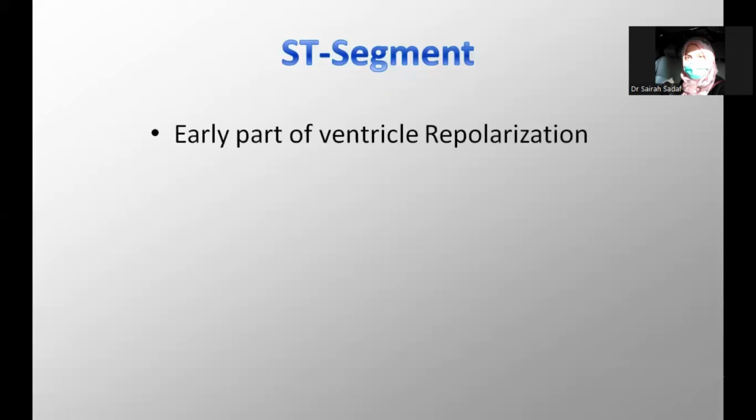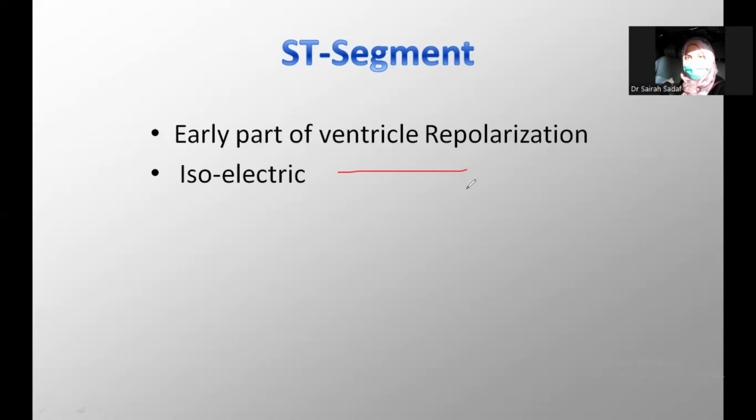Now about the ST segment. It shows the early part of the ventricular repolarization. It is isoelectric, which means it will be flat. It's not a wave. It's just a segment, right? It will be flat.